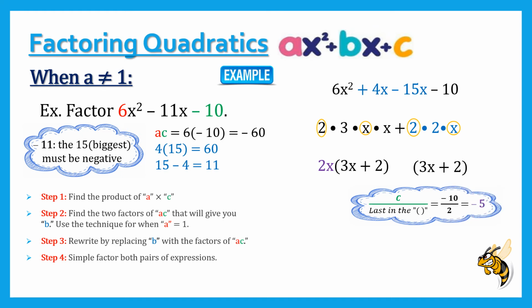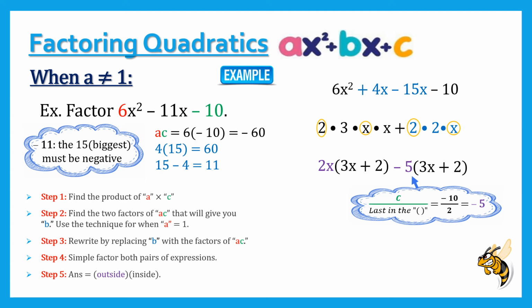In this case, c was negative 10, and the last in the parentheses is 2. Negative 10 divided by 2 is negative 5, and that is the greatest common factor for the second parentheses. So therefore, you're going to put minus 5 in between the two parentheses.